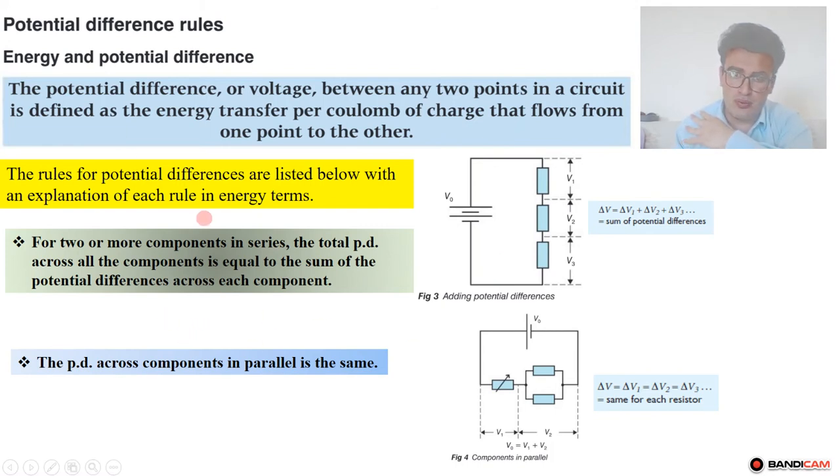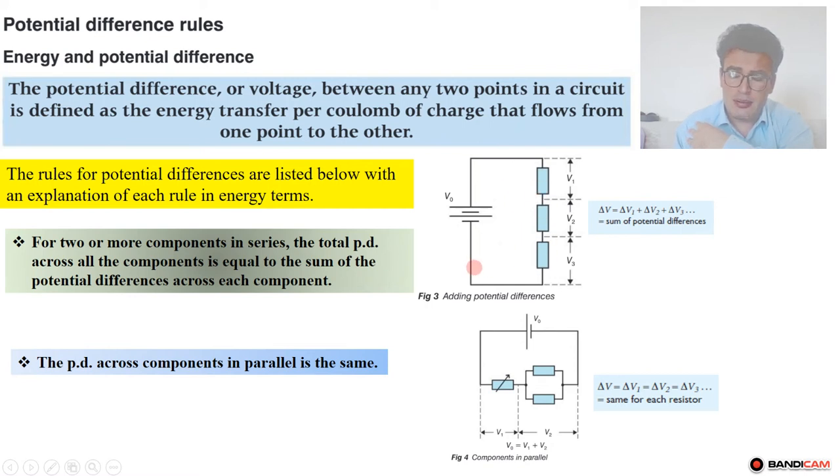Now here we have two rules. We have one rule for series and one rule for the parallel circuit. Dear student, for two or more components in series, for example, we have this electric circuit with three resistors connected with each other in series.